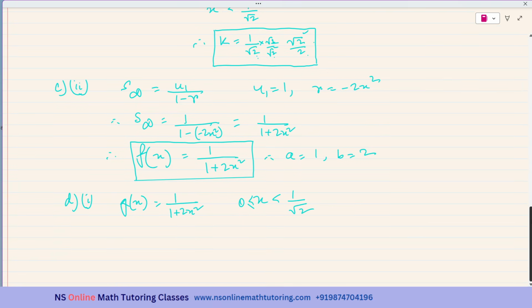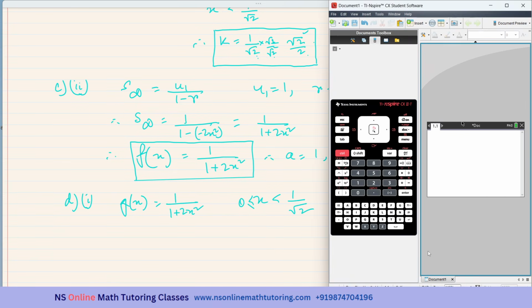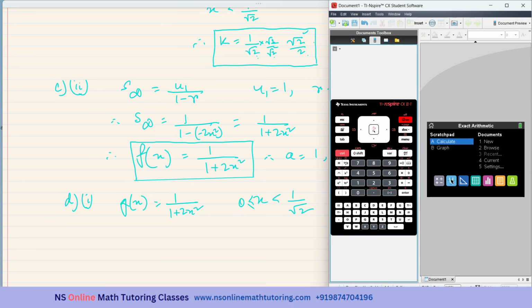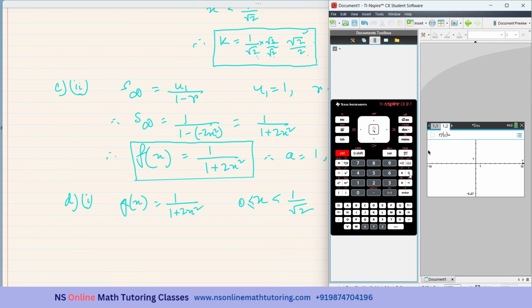Now we will be graphing 1 over 1 plus 2x squared, and we have to change the domain.